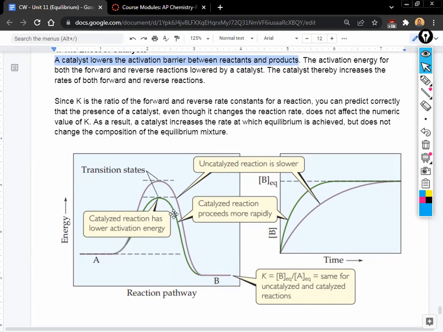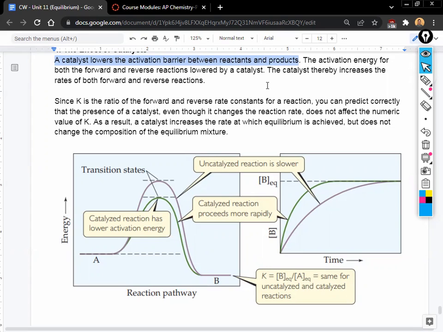Remember that energy barrier we talked about, the hill that it needs to go over? The only thing a catalyst does is make that hill smaller. So it just makes it easier for the reaction to happen.